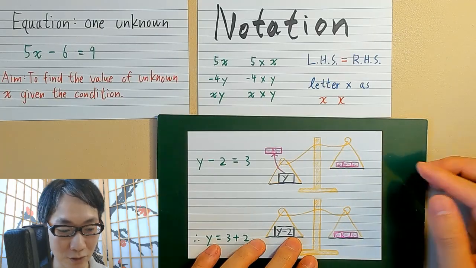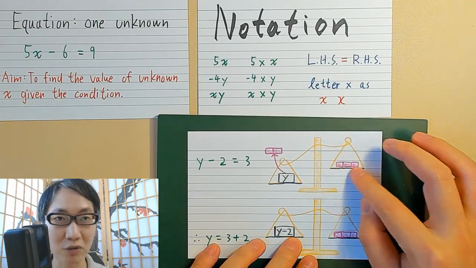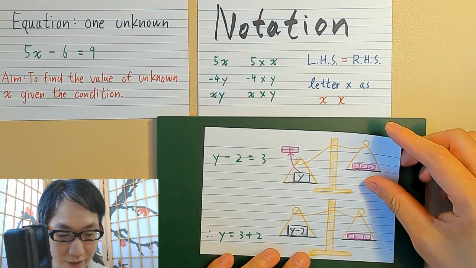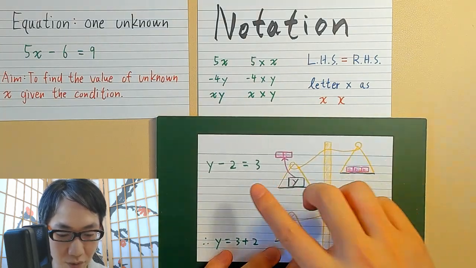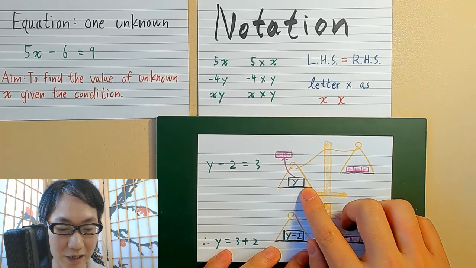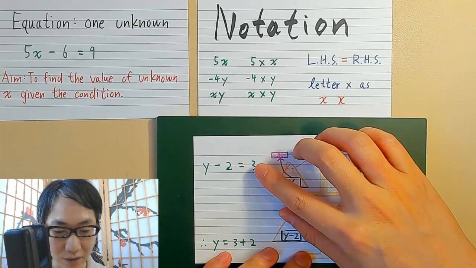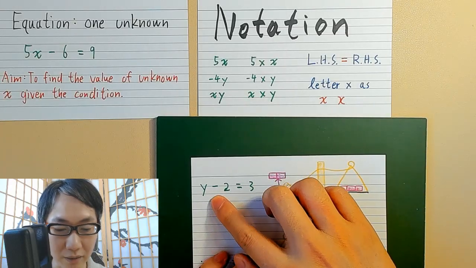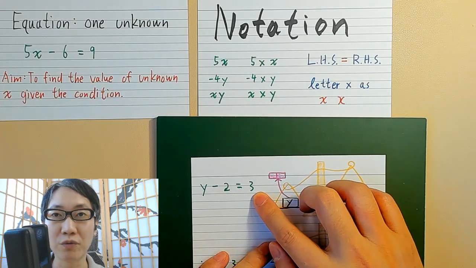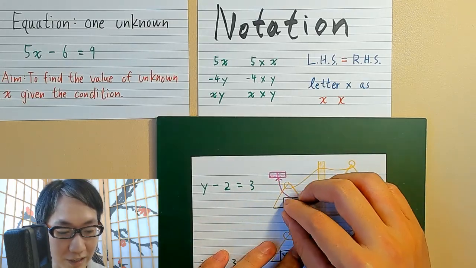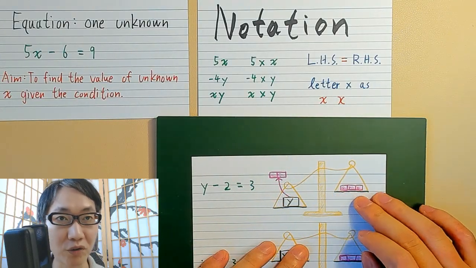We have 3 unit masses on the right, and we have the unknown y on the left. Here the equation shows y minus 2 is equal to 3. So we put y on the left and a 3 block on the right.